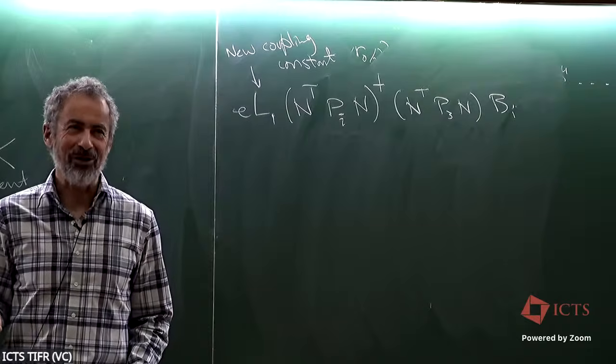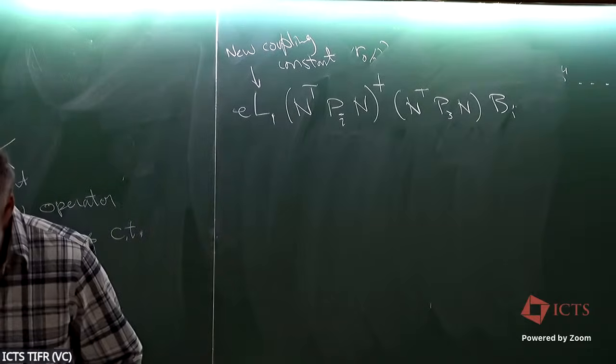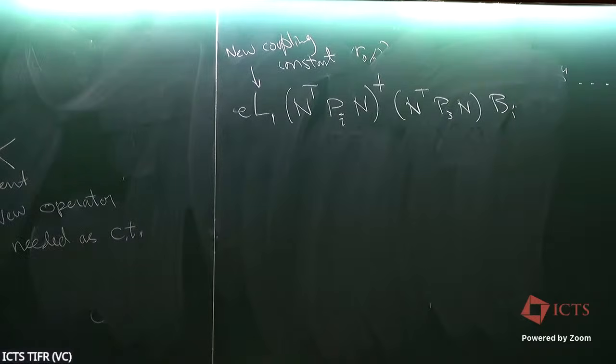If you wait too long, you have to do N4LO, and it's a lot of work. I'm not going to be talking about EFT for nuclear physics beyond this, at least not directly.